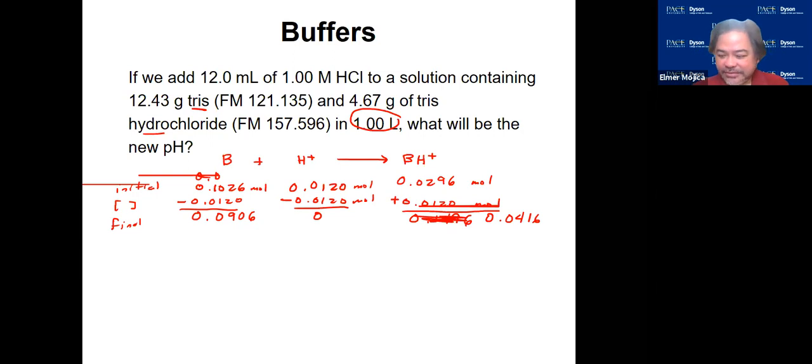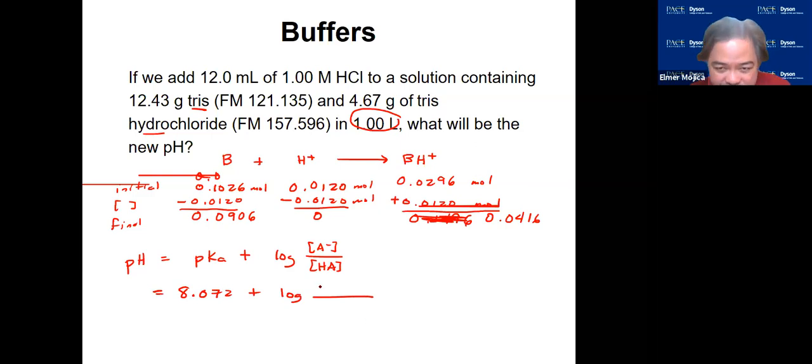Because the next thing that I'm going to do, I'll go back to the Henderson-Hasselbalch equation that we have. So I said here 8.072, so plus log. So this is now what? 0.906, and this is 0.0416.